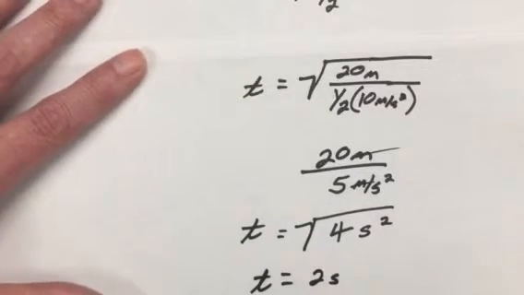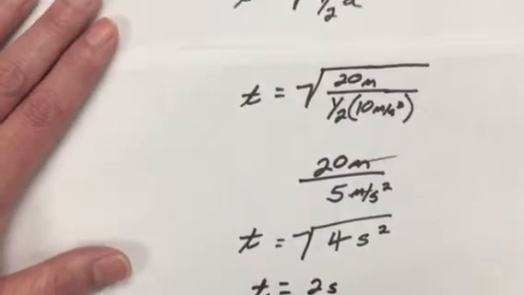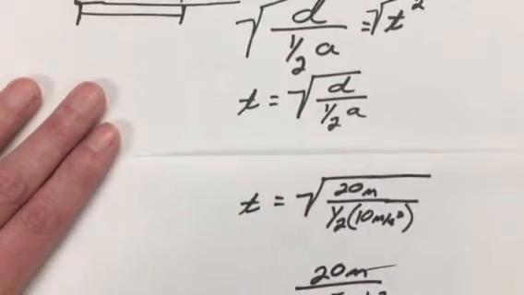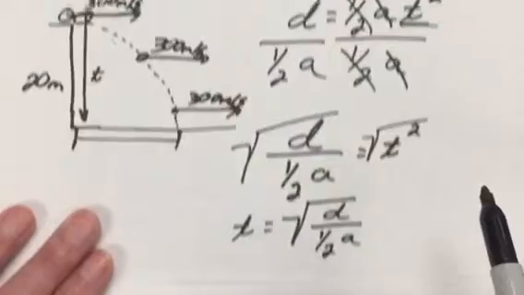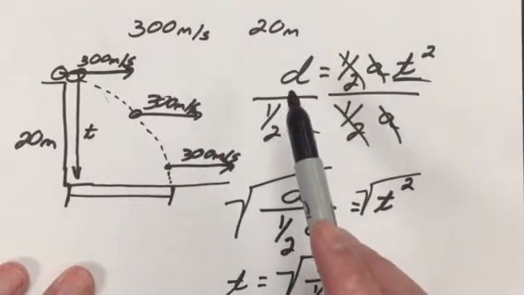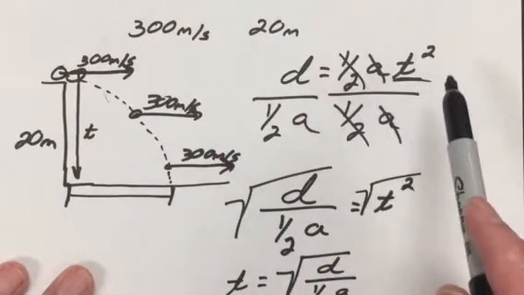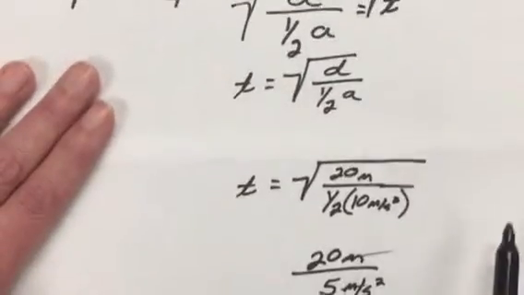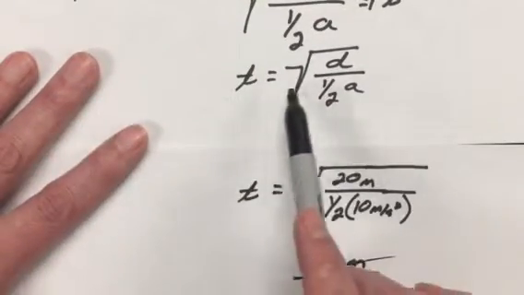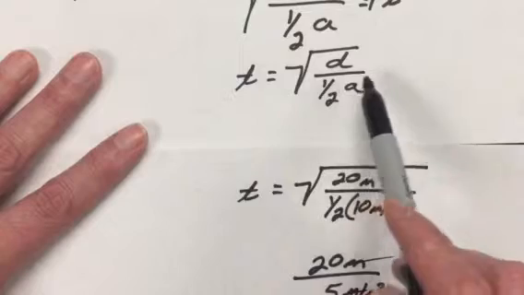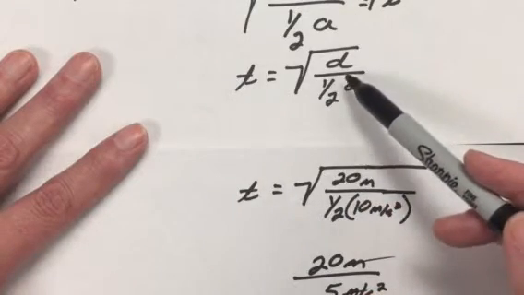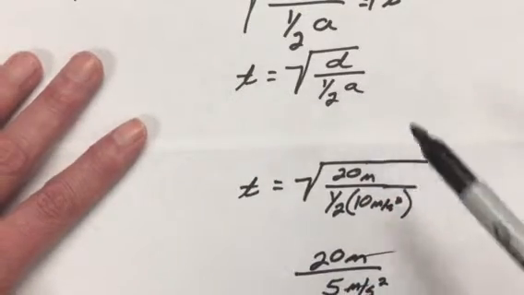Now we did a lot right there, so let's go back real quick and make sure that we understand what we did. We reorganized distance equals 1/2 a t squared. That gave us time equals the square root of distance divided by 1/2 times the acceleration due to gravity.